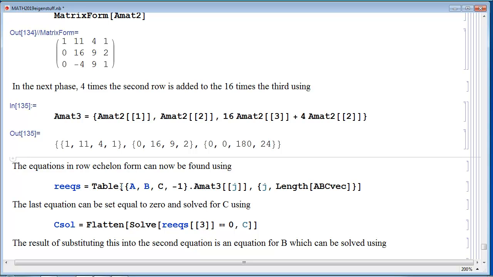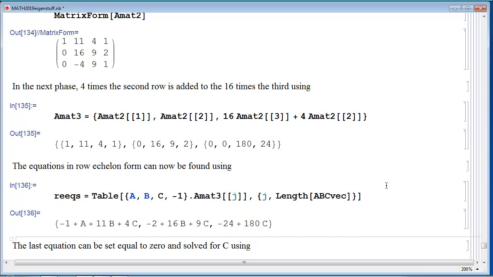We multiply this matrix by the variables a, b, c, and -1, and take the scalar product with the augmented matrix, and that will give us a set of equations which looks like this.